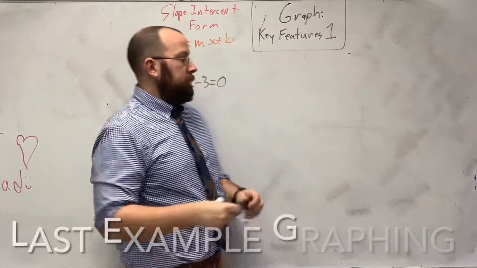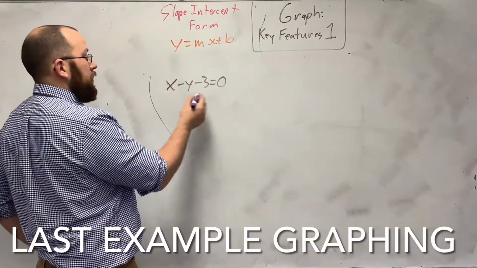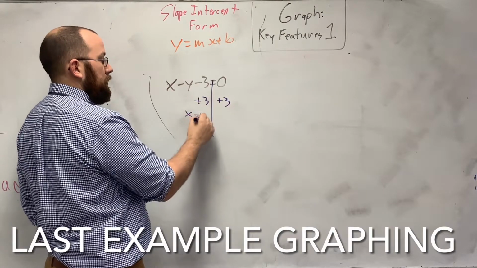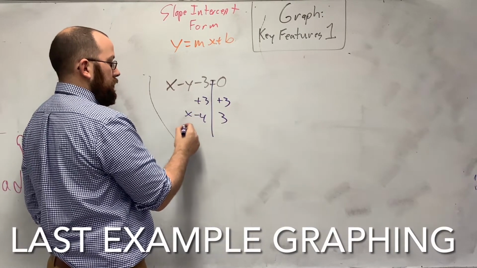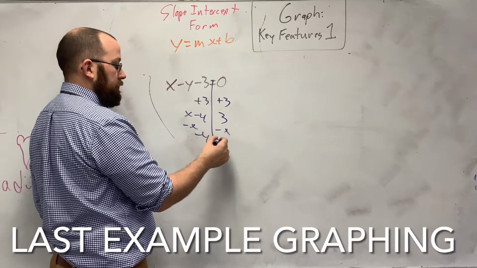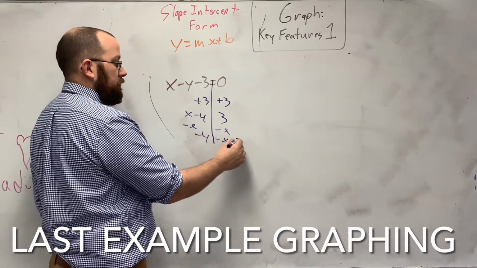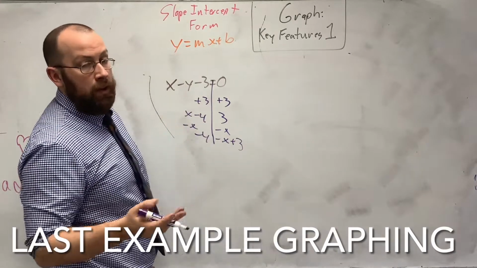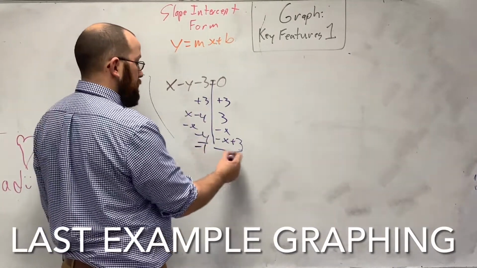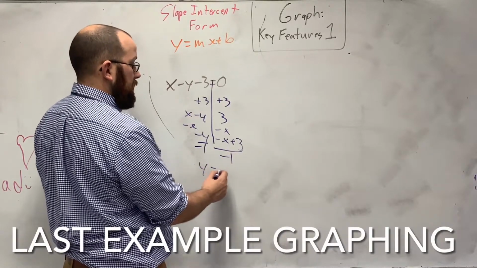All right, last one. Got to move everything over. You could technically just move the y over and add it to both sides, but I don't like to. This is the way I've done it my entire life, so that's the way I'm going to keep doing it.